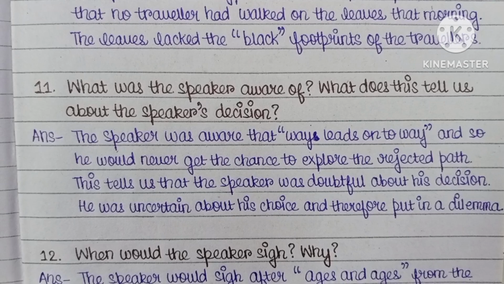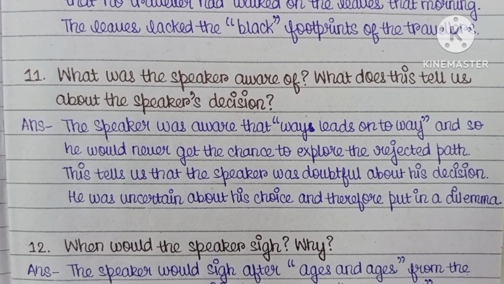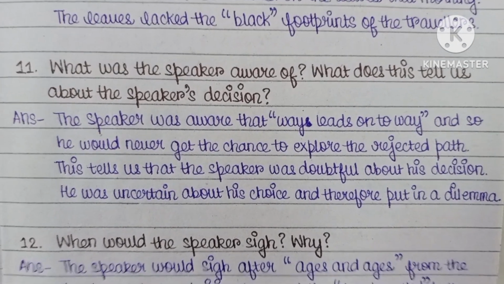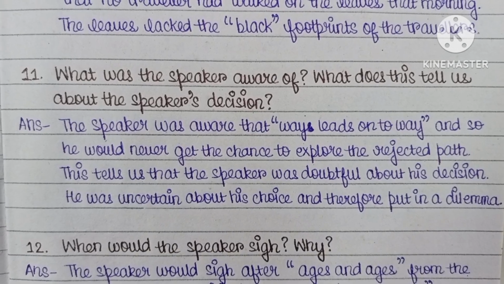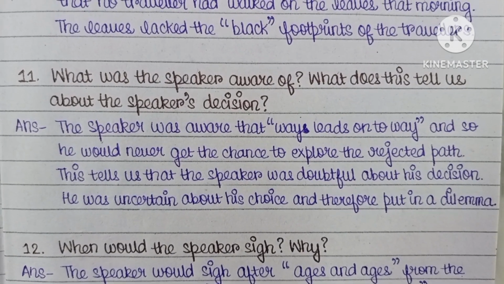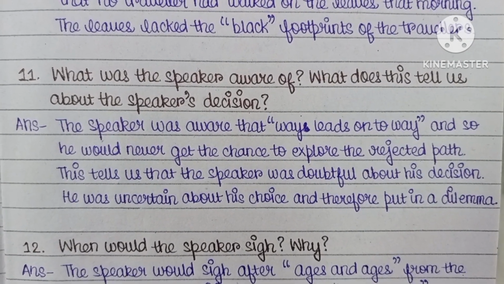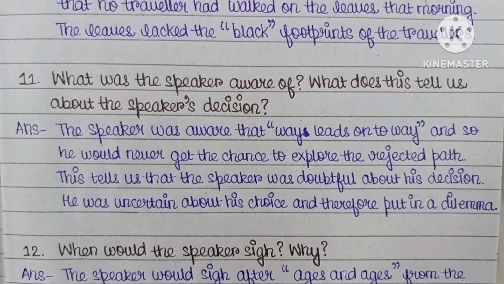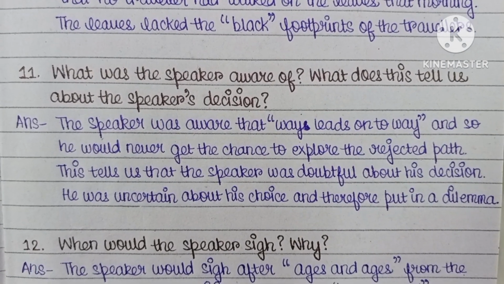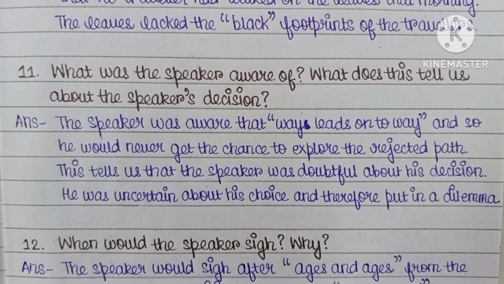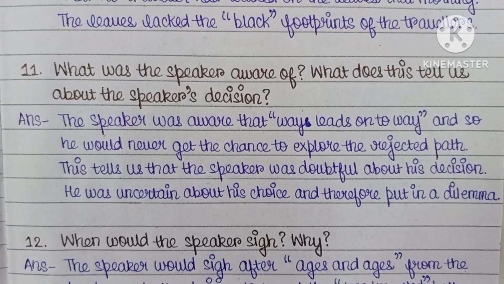What was the speaker aware of? What did this tell us about the speaker's decision? The speaker was aware that way leads on to way, and so he would never get the chance to explore the rejected path.